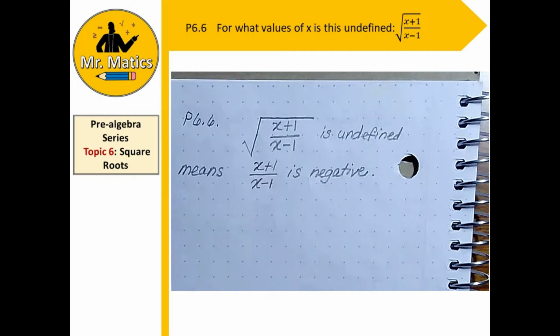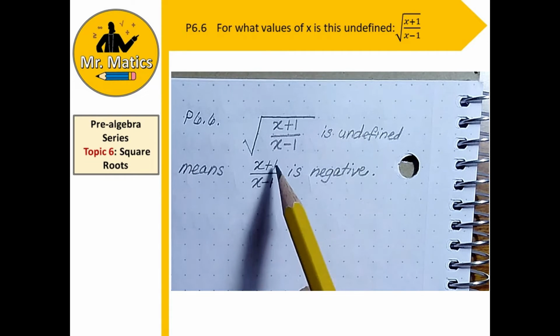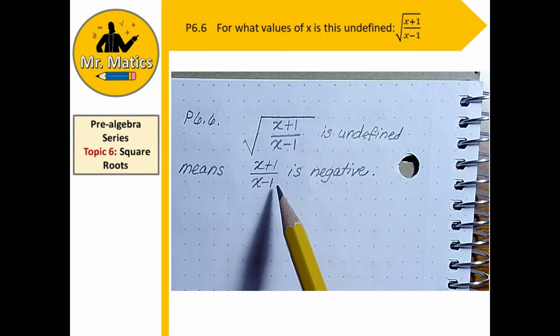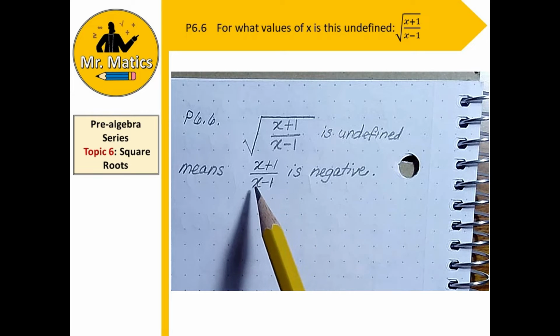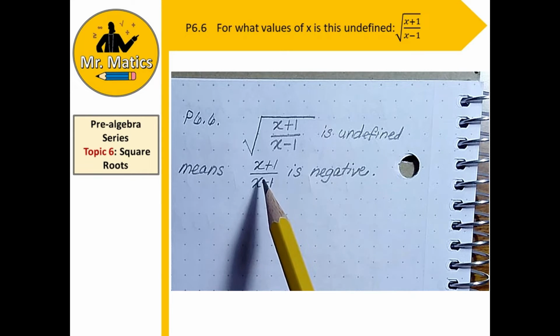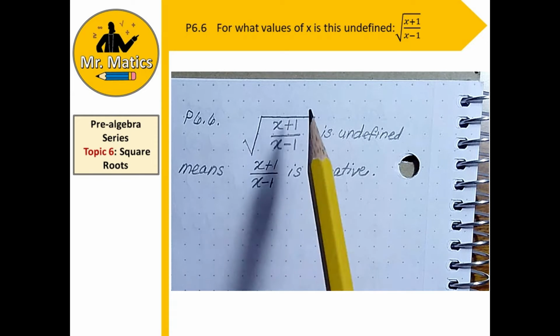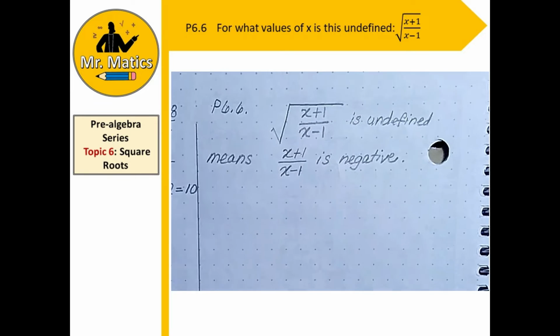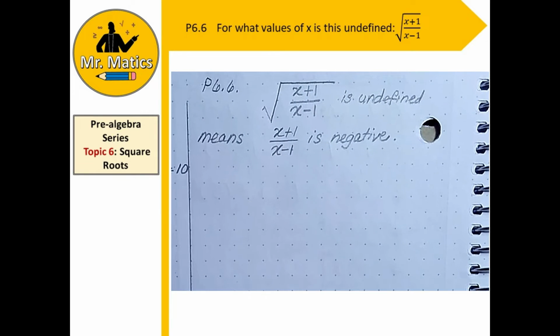We also know that when you have a ratio, the denominator has to be a number which is not 0. If the denominator is 0, then you get an undefined quantity, and the square root of that undefined quantity would also be undefined.